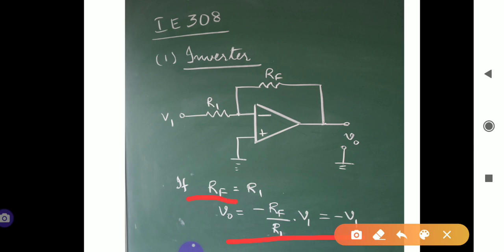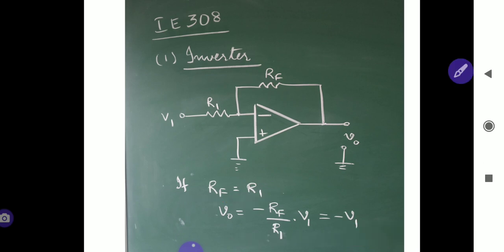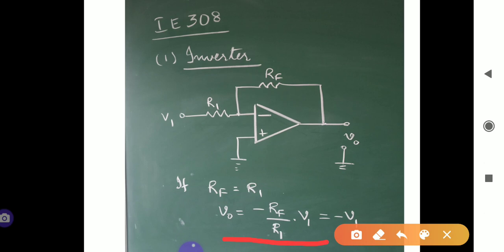But if we consider that RF is equal to R1, then it would get cancelled, and in effect the output voltage V0 will become equal to minus V1. That means we have got the output equal to the input, which is inverted, because it was given through the inverting terminal.